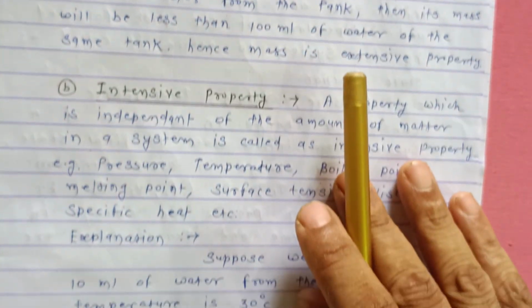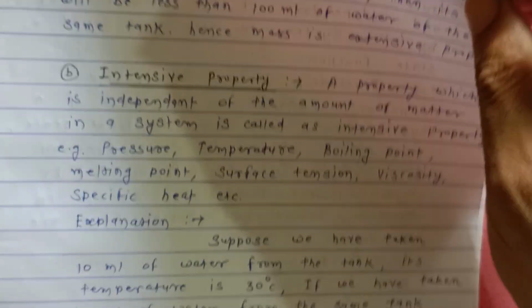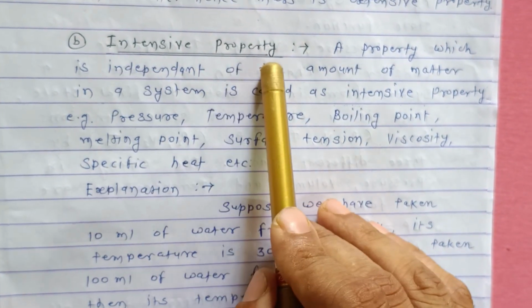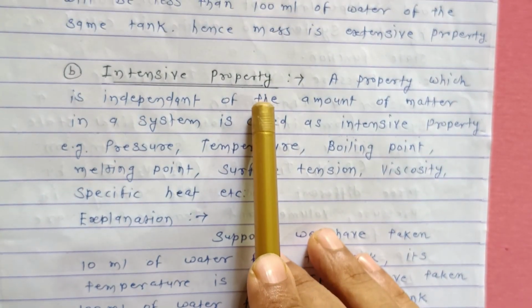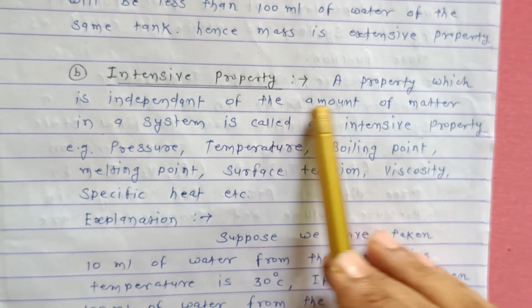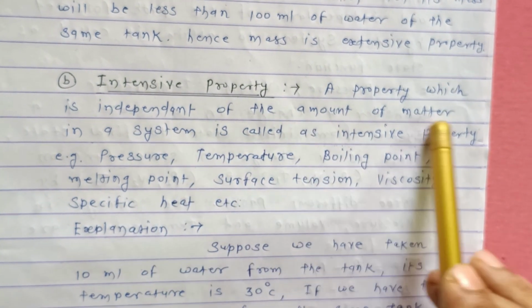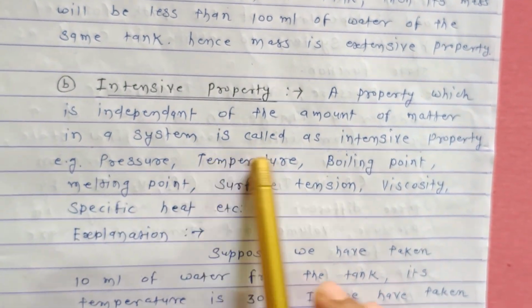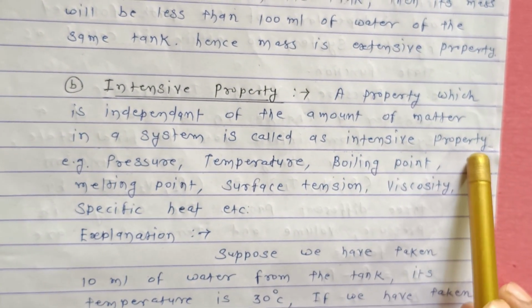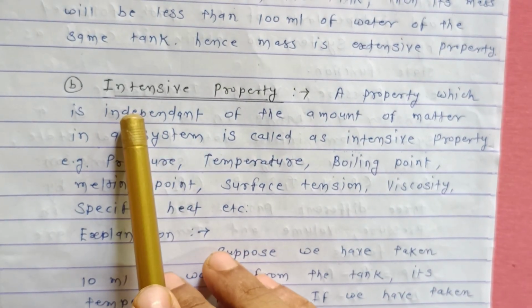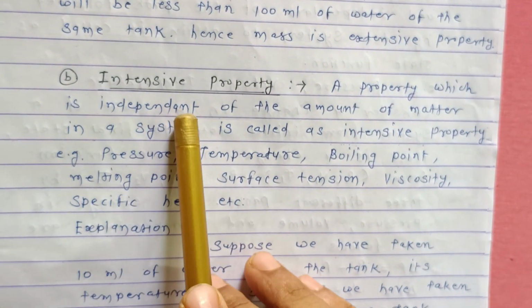After that, we are going to discuss the second type of property, that is called as the intensive property. It is totally opposite to the extensive property. A property which is independent of the amount of matter in a system is called as intensive property. The word intensive is having the word in, means independent.